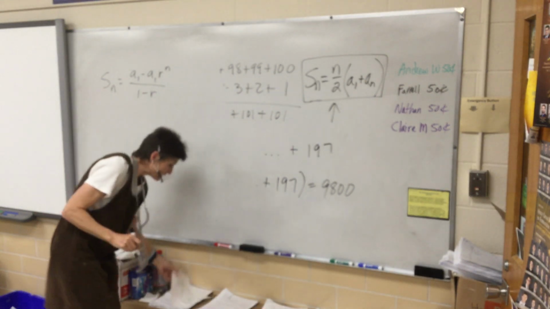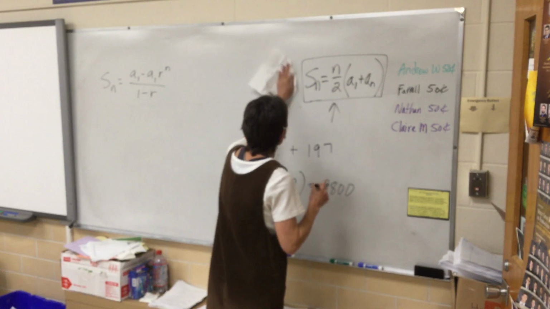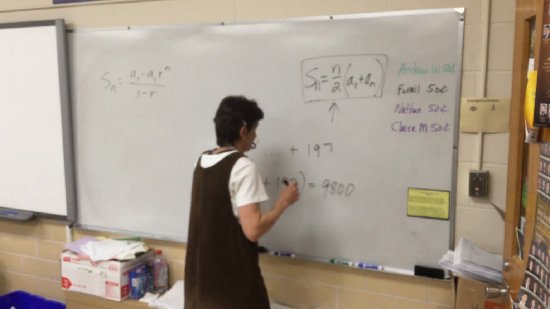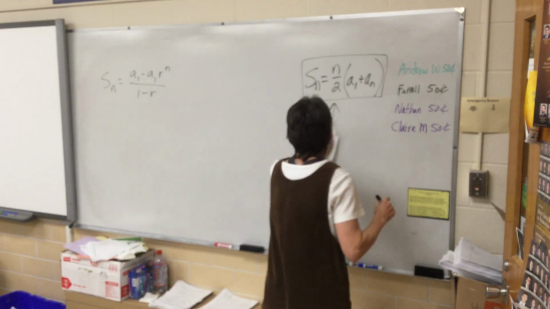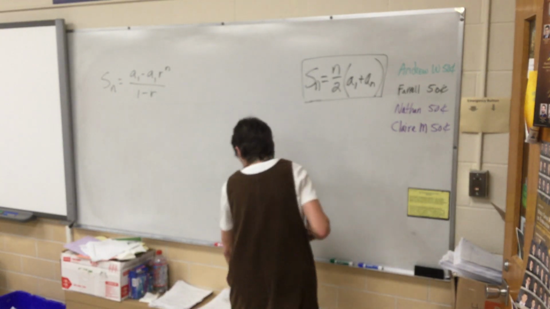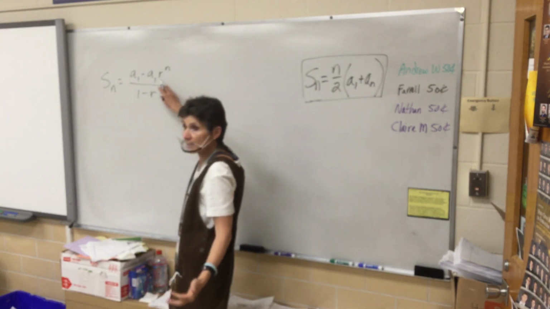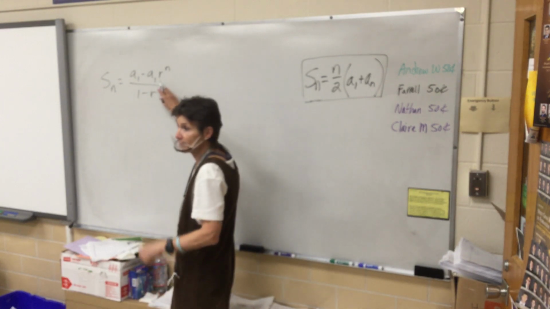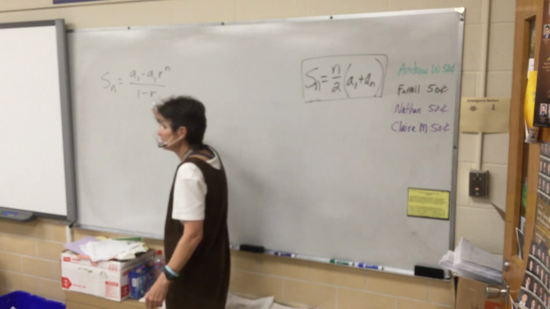Now, you already know what all of those letters mean. You already know that A sub 1 means first term. You already know that R is the common ratio. We're talking about a geometric series, right?